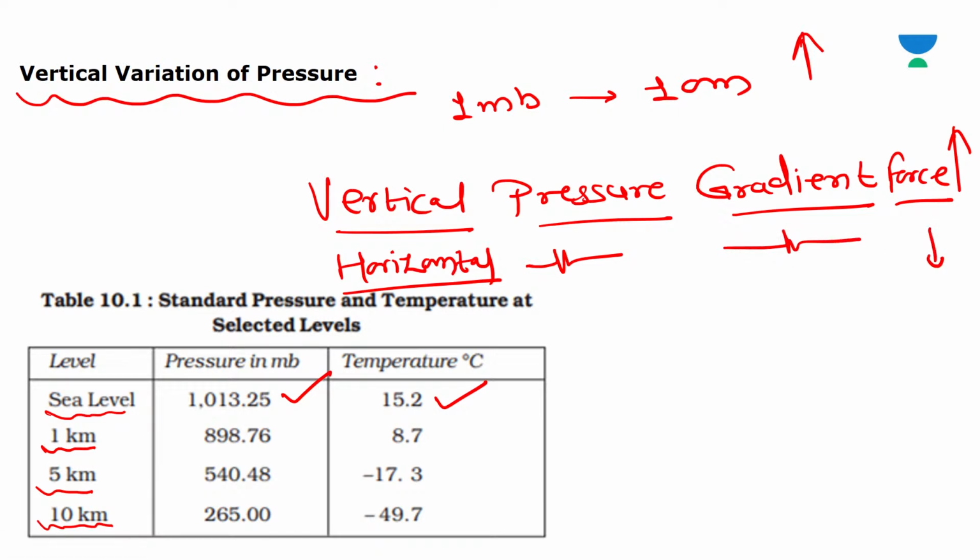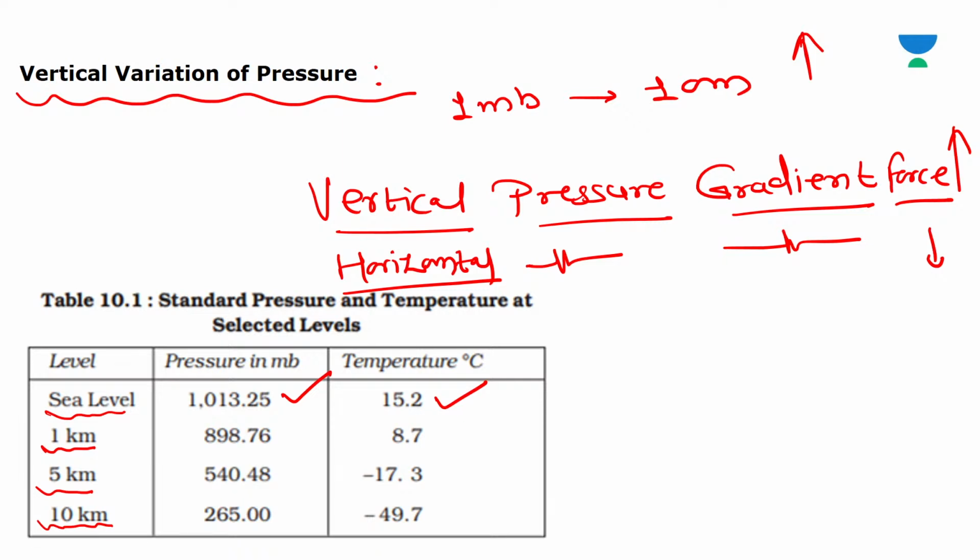But it is generally balanced by a nearly equal but opposite gravitational force. Hence, we do not experience strong upward winds. That is the vertical variation of pressure.